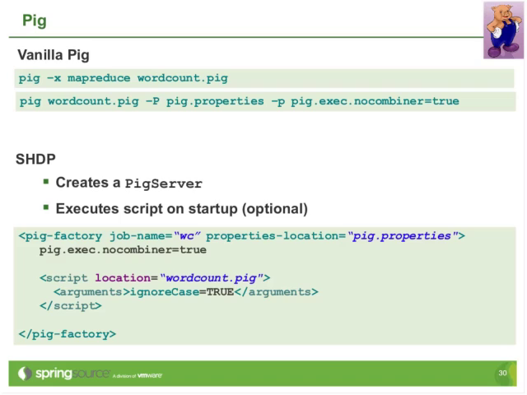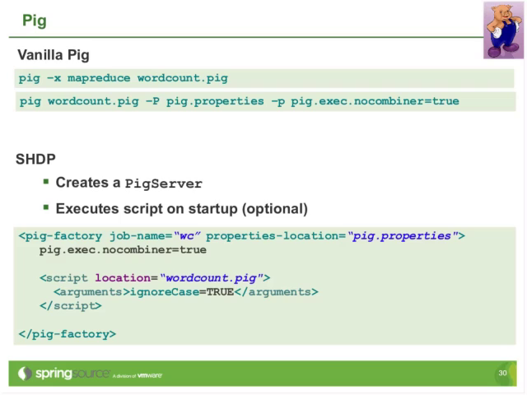Now, with Spring for Apache Hadoop, just like with raw Hadoop, and this is the consistency theme that we're looking at here, you can do things in a declarative approach and you don't have to do it from the command line. So you can declare what is called a pig factory that creates a sort of connection to the Pig server. This is where you configure Pig, and then all your scripts can run against this Pig server.